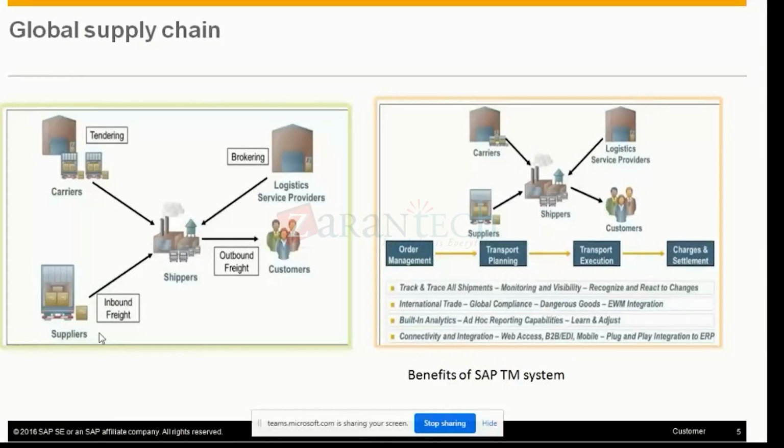Whenever any movement of cargo happens from the vendor location to my receiving plant, you can use transportation management. That is also called inbound freight. Similarly, whenever you are transporting any commodity or goods from my shipping point to my customer location, it is called outbound freight, or an outbound scenario.